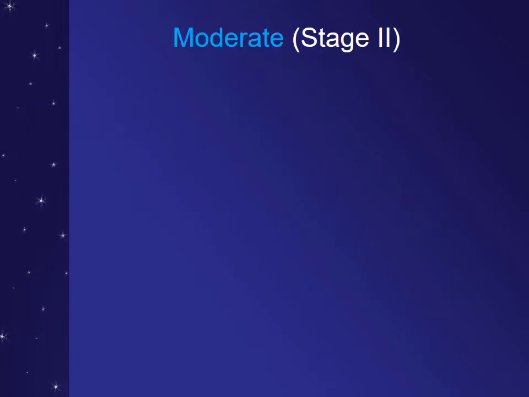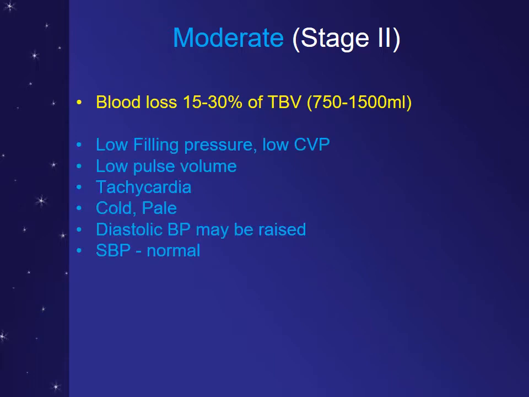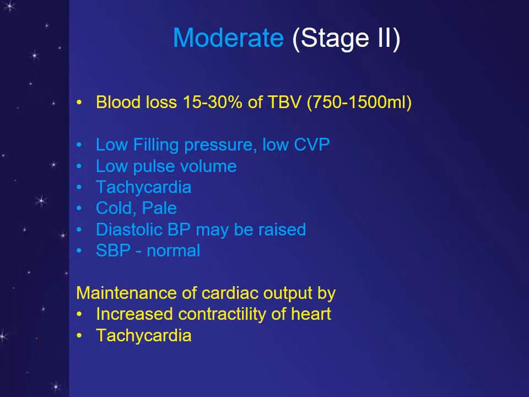In moderate bleeding or stage 2 blood loss, the blood loss is about 15 to 30% of the total blood volume, which is roughly 750 to 1500 milliliters of blood loss. And by this time, the filling pressures to the heart are low, therefore central venous pressure is also low. Pulse volume will be low and the patient will be tachycardic.